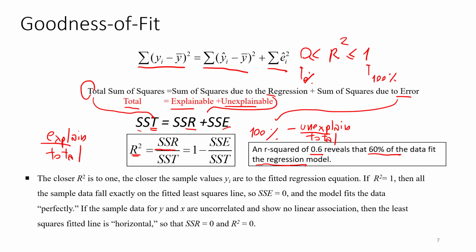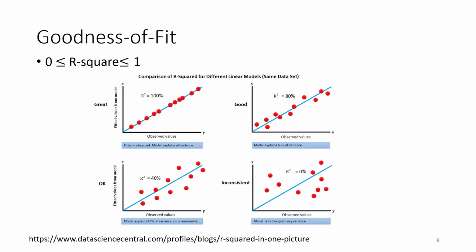Let's see, this figure will help you. If all of the real data are on your regression line, and you compute R square, you may get R square equal to 1 or 100%.